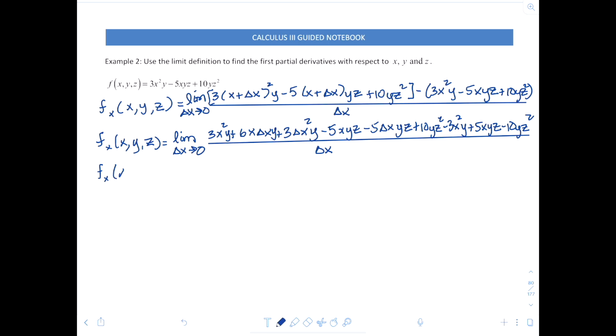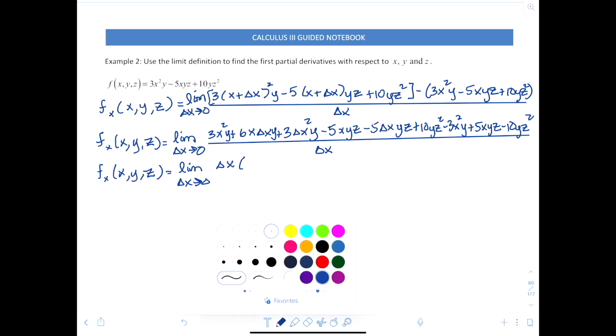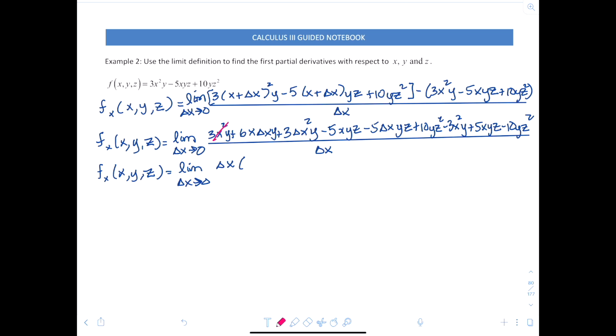So fx of x, y, and z will equal the limit as delta x approaches 0 of. So the 3x squared y is 0. And let's see, I'm going to factor out a delta x. Since we have so many terms, I'll show what zeroes out. So the 3x squared y zero out, these 5xyz's, and the 10yz squareds. And then the rest of them can factor out at least one factor of delta x.